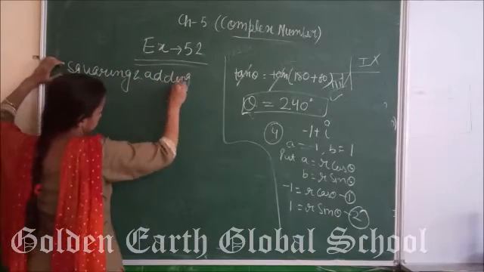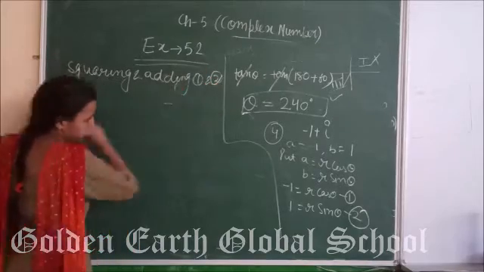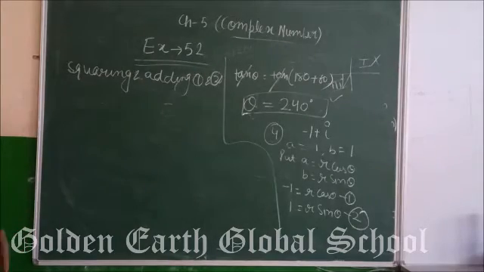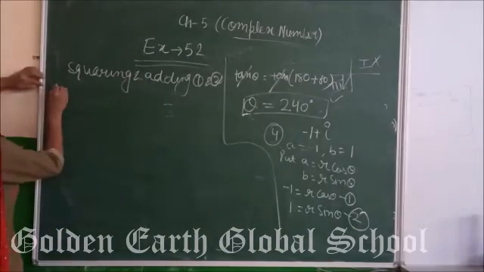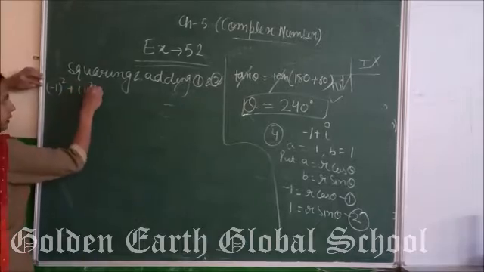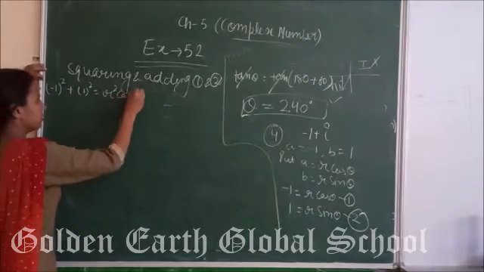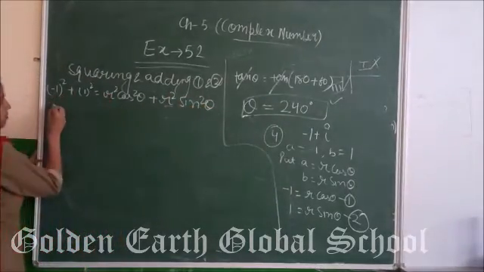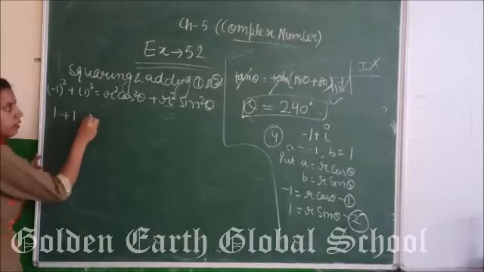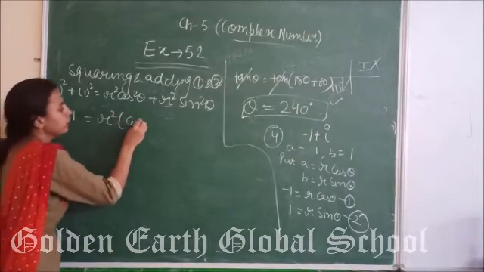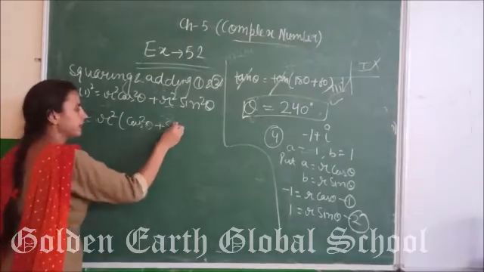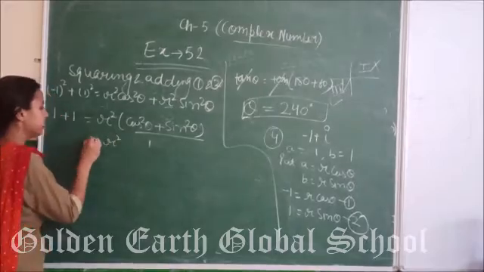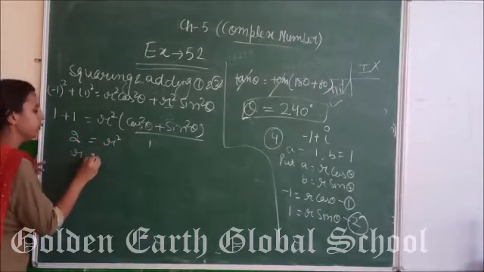Left hand side solve, and on the right hand side we add: (-1) squared plus 1 squared is equal to r squared cos squared theta plus r squared sin squared theta. (-1) squared is 1, plus 1, equals r squared common, cos squared theta plus sin squared theta, which is equal to 1. So r squared is equal to 2, and r is root 2.